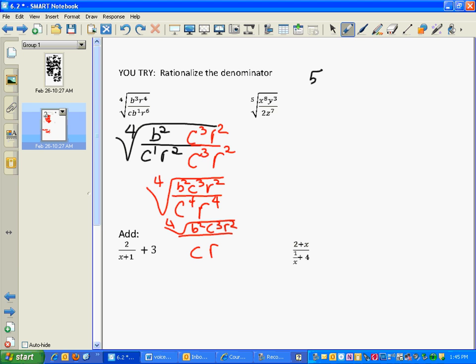Under the 5th root, I have x to the 8, y to the 3rd, 2, z to the 7. Can I do any simplification in this problem first? Okay, hold on. I'm just asking, do I have any combining under my radical? No. Okay?